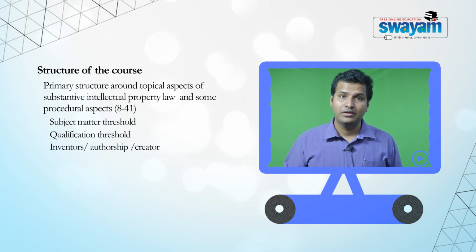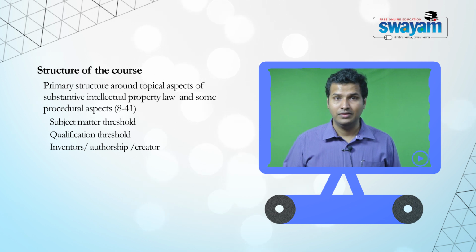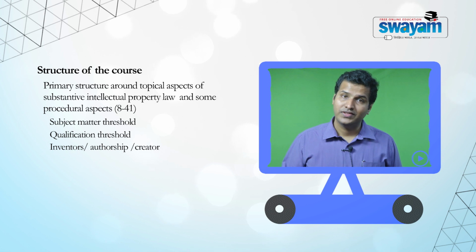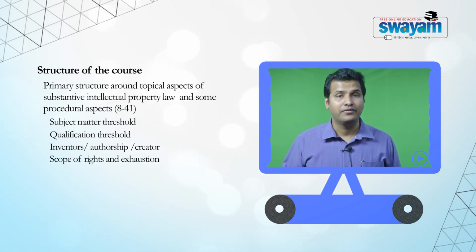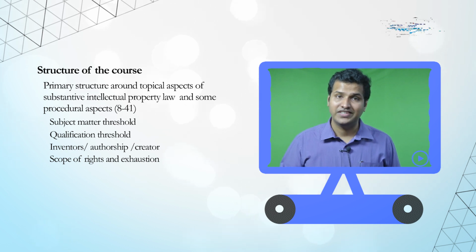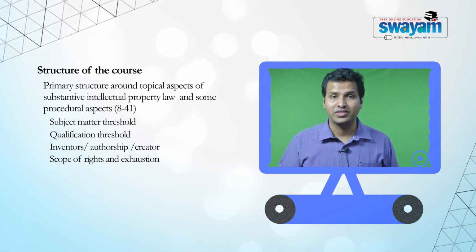We will also study how copyright law defines inventors, authors and the creator and its relationship with property. Then we will also discuss the scope of rights and how those rights get exhausted after the first sale, whether the rights get exhausted nationally or territorially or internationally, because it has important ramifications in terms of availability of competing goods in the market, although intellectual property protected.